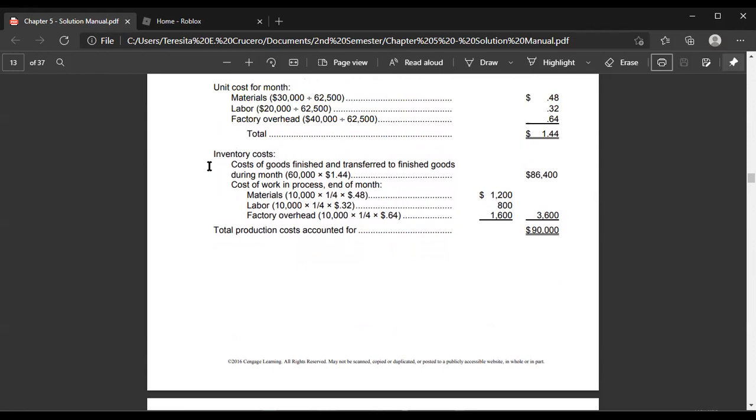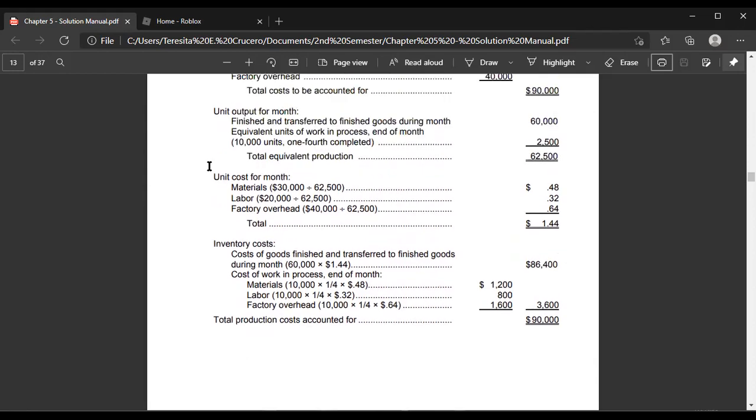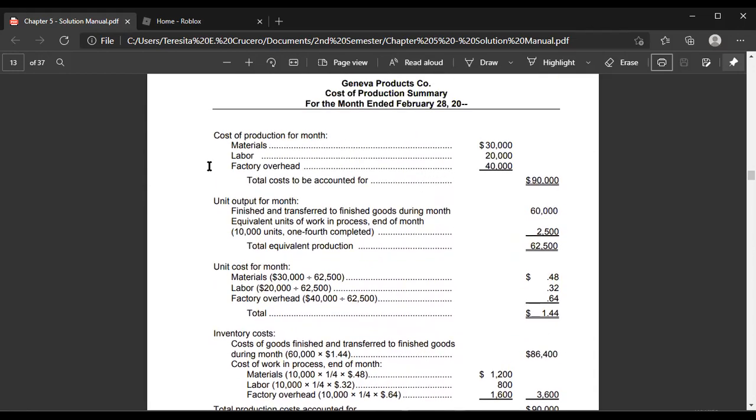It's given in the problem. So you multiply this by 1.44, and then the work in process at the end of the period, 10,000 units times one-fourth. And we multiply each of this by the corresponding unit cost. We have now the total production cost accounted for equal to 90,000.